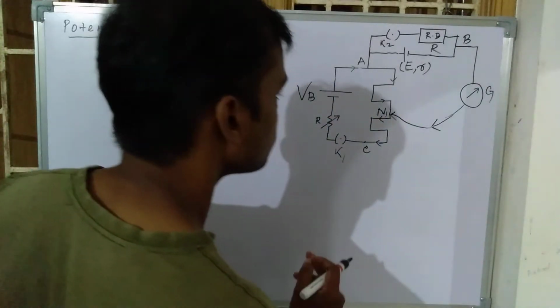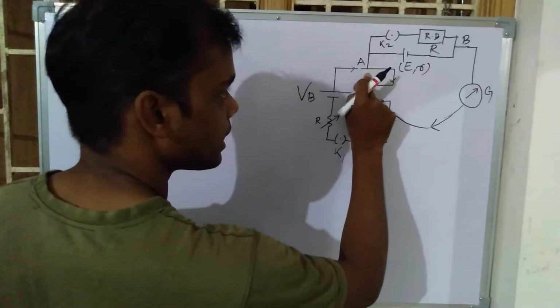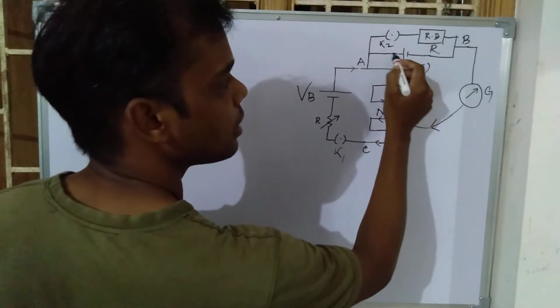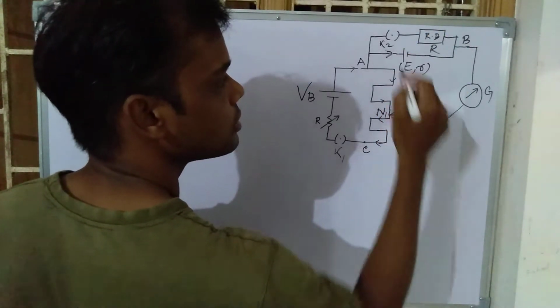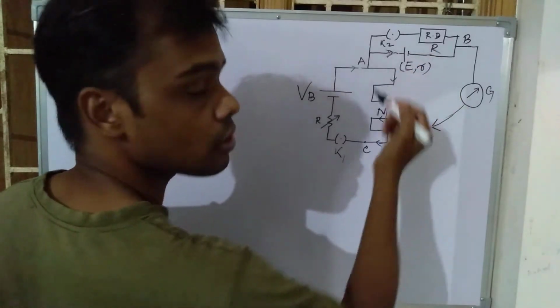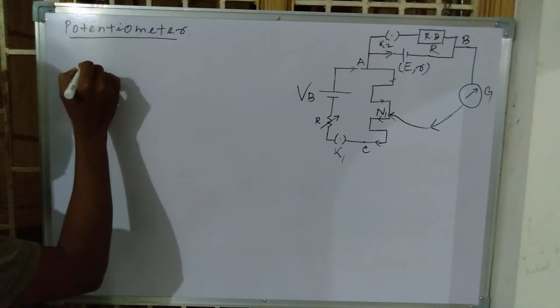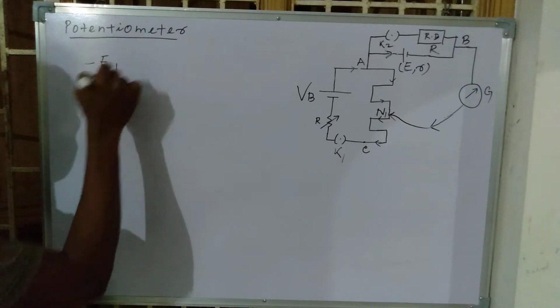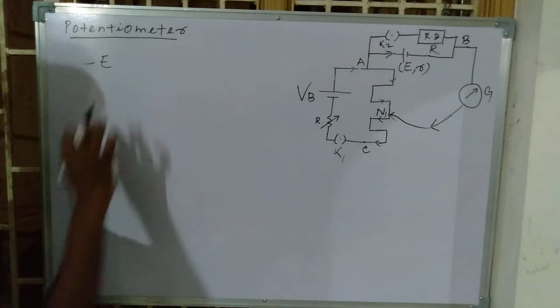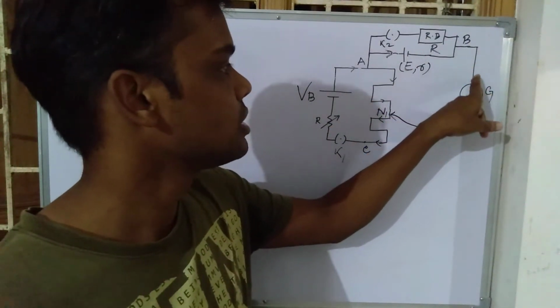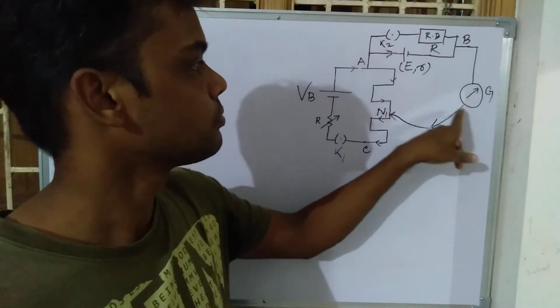So now let us apply the loop. Start from point A. Current does not go like this, current goes in this path. Now if current goes in this path, then E is opposing our current. That's why we can simply put minus E, only E, not E1. Then through E there are no more resistors.